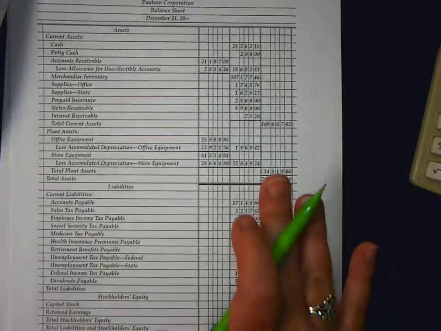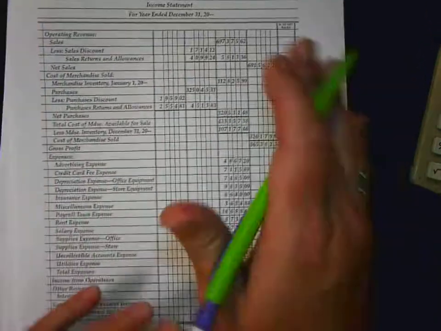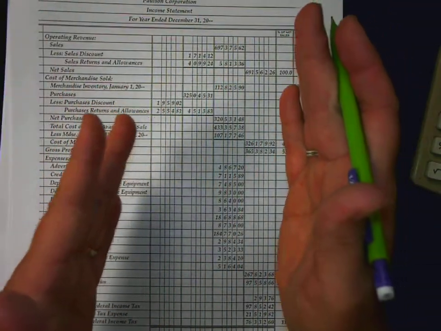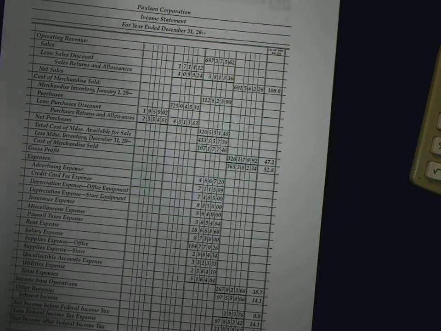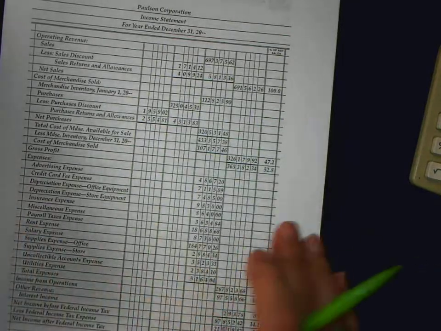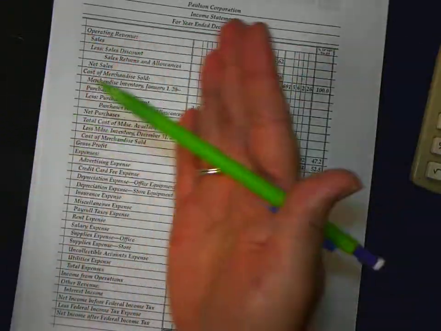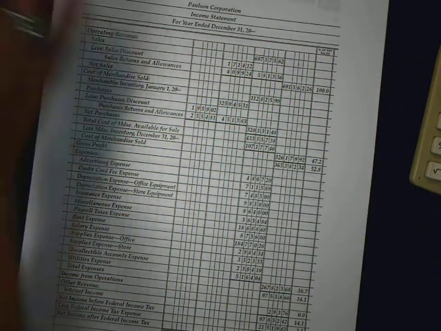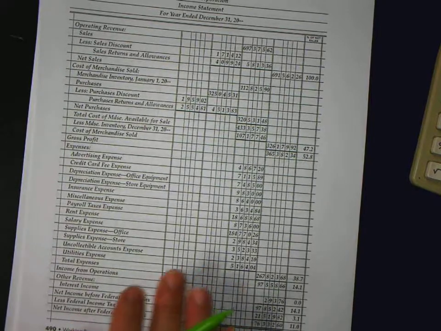So you're going to have to use these as guides to know what goes in what column. It's just repetition and routine as to how a company sets their income statement and balance sheets up with all the math. This is a little bit more complex than what we did the very first time we looked at this.